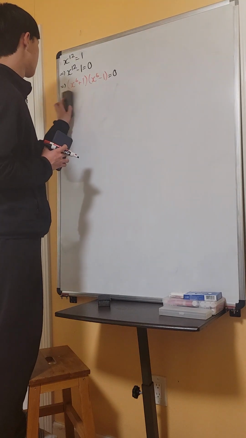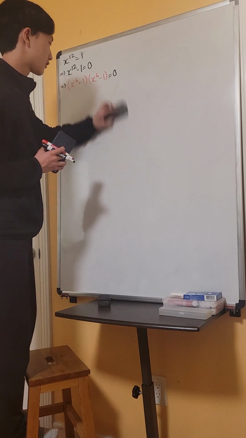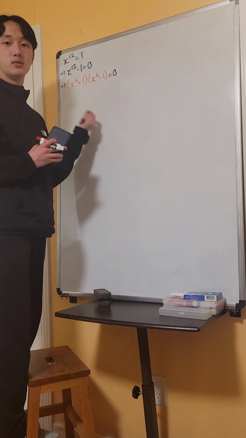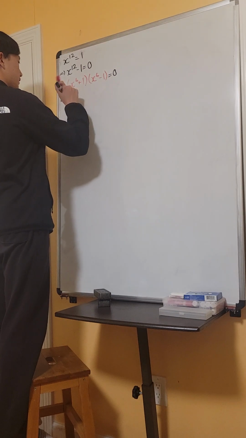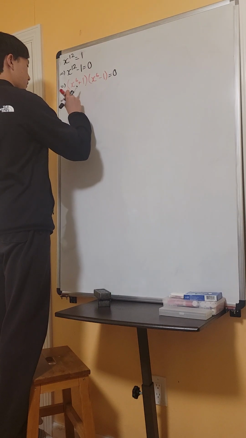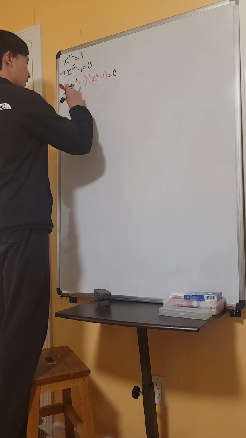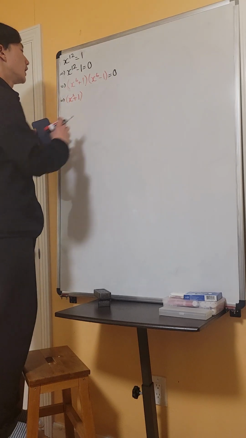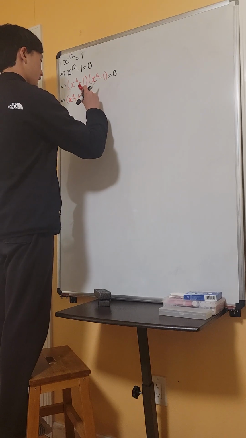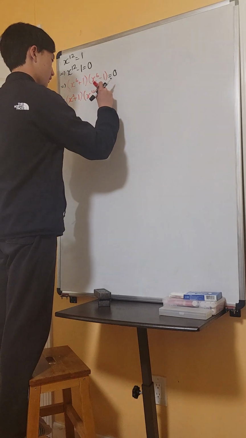Well, x to the 6th plus 1. It is also a sum of cubes, right? So, writing this, you get x plus 1. Well, sorry, not x plus 1, x squared plus 1, right? Since the cube root of x to the 6th is x squared. And then x to the 4th plus x squared.